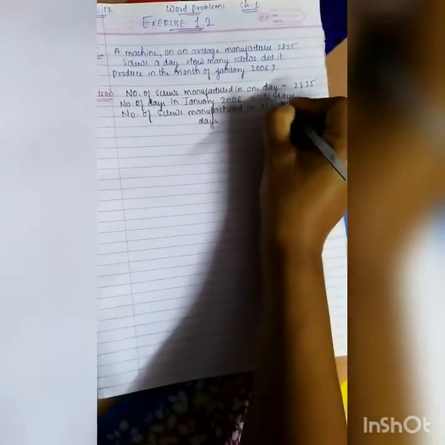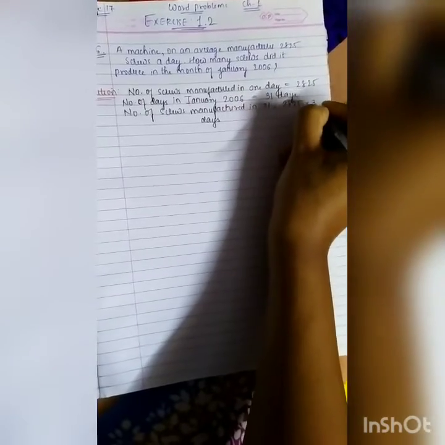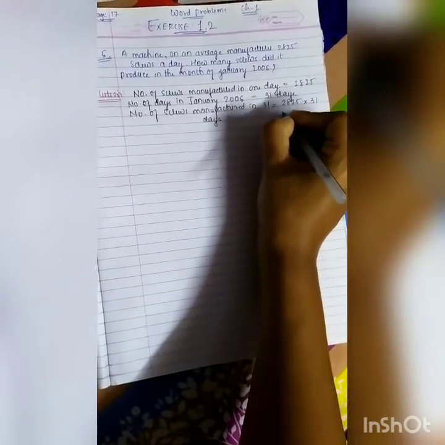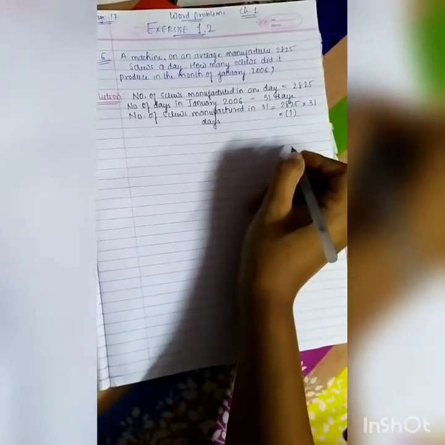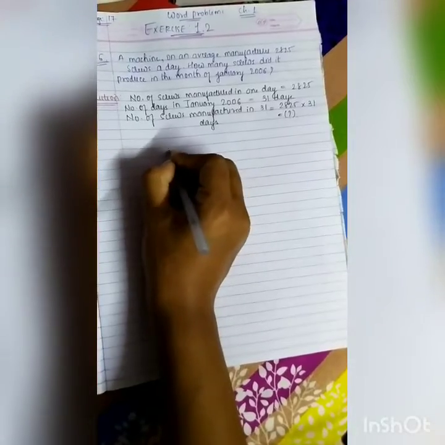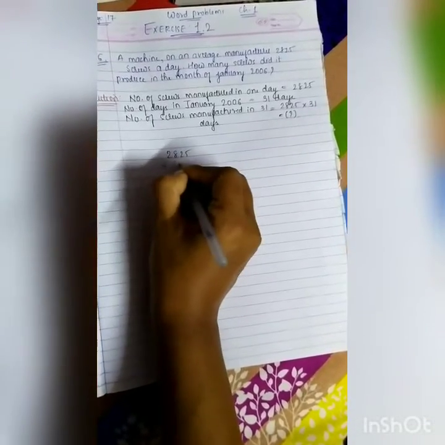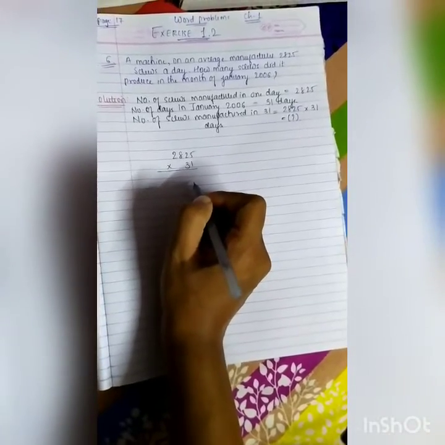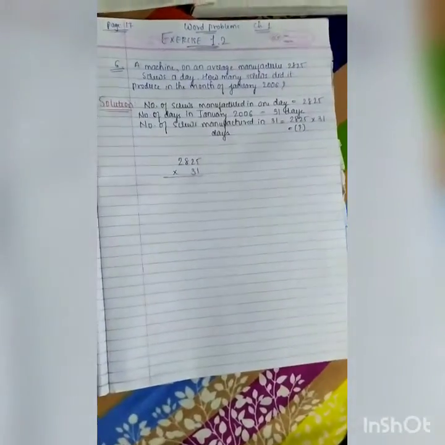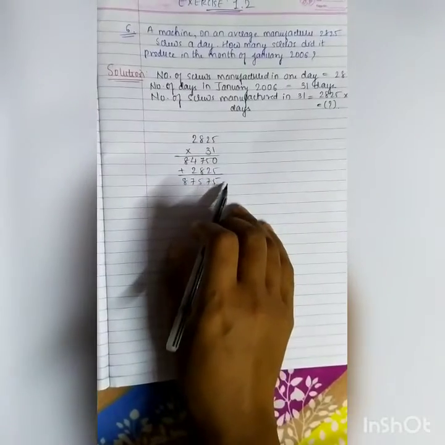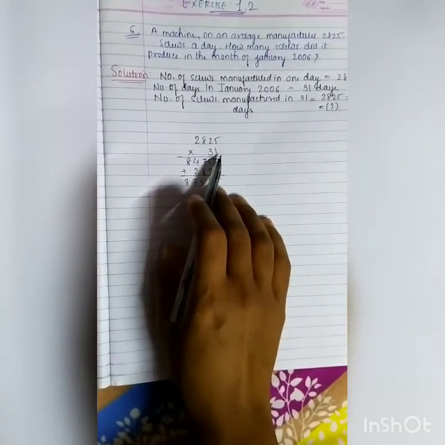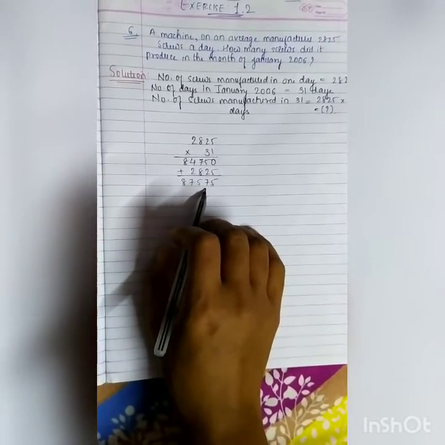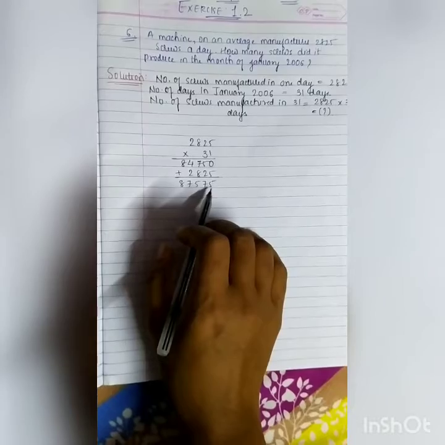We will multiply 2825 by 31. When you multiply, you will get the answer 87,575 screws manufactured.